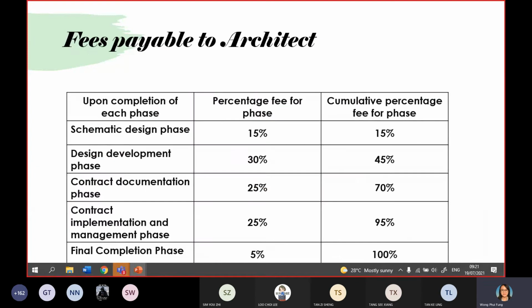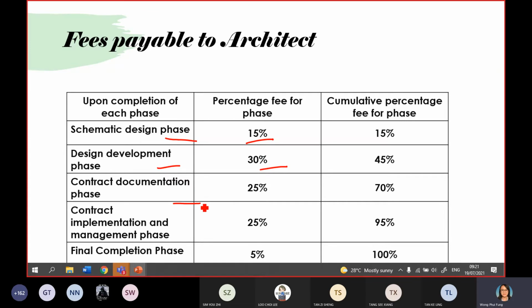Okay. And for your information, even for the professional fee, when we pay the consultant, we don't pay one lump sum first. We pay based on the progress of the work. You can see up to the schematic design stage, we pay 15%. When the design is completed, another 30%.